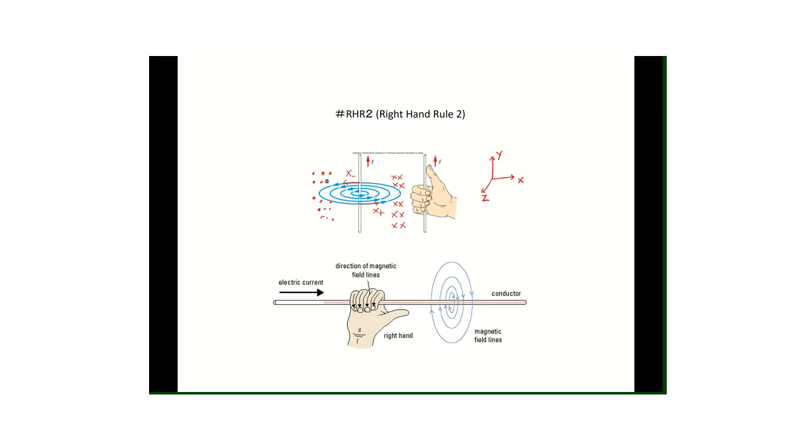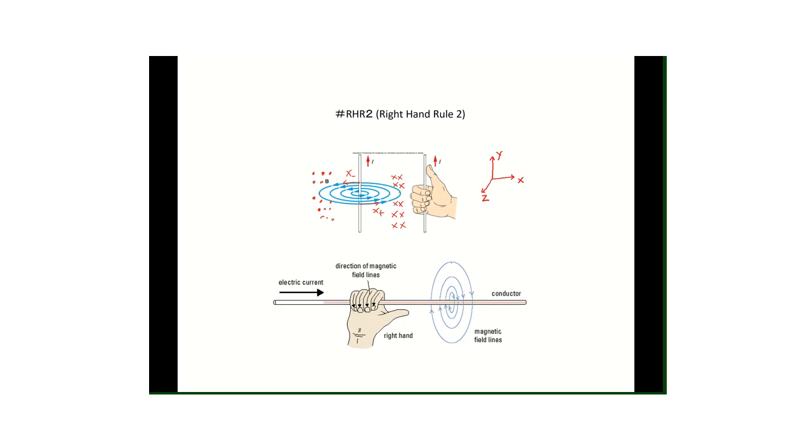The same can be applied to a conducting wire placed horizontally like the second figure. If the direction of current is to the right, your thumb is going to the right as well, and you wrap your four fingers along the conducting wire.